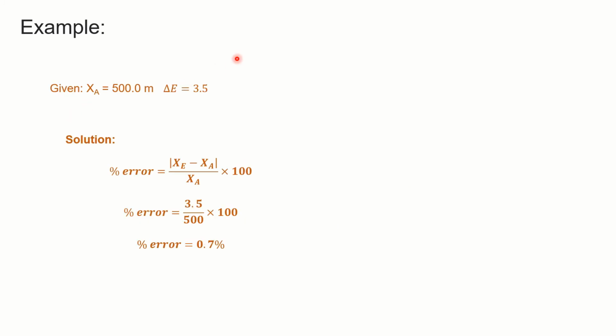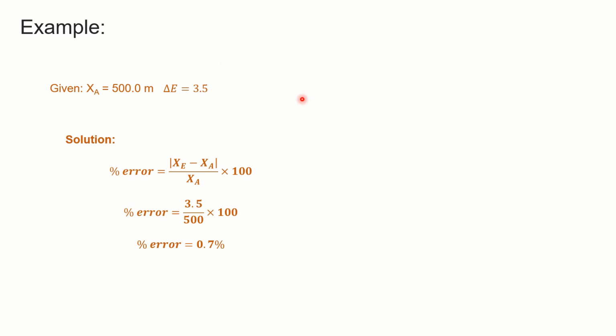So for example, we want to know how big a part of 500 is the error equivalent to 3.5. So we already know that 3.5 is 0.7% of 500 meters. So do we need to worry about this one?